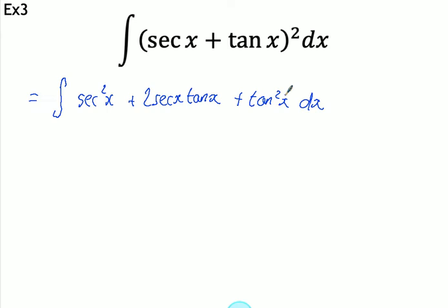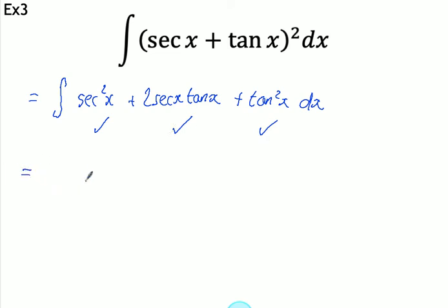Once we get to this point, it's important to look at each individual term to see if we can integrate it. So sec squared x, yes, in the formula book. Sec x tan x, yes, in the formula book. Tan squared x, well, we did that in example 1, so yes, we can.